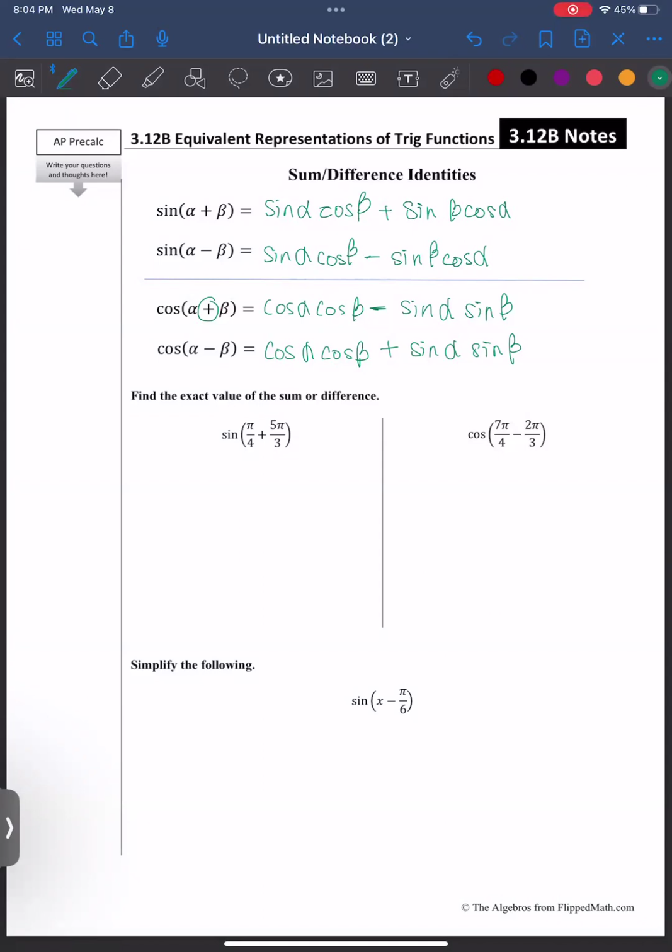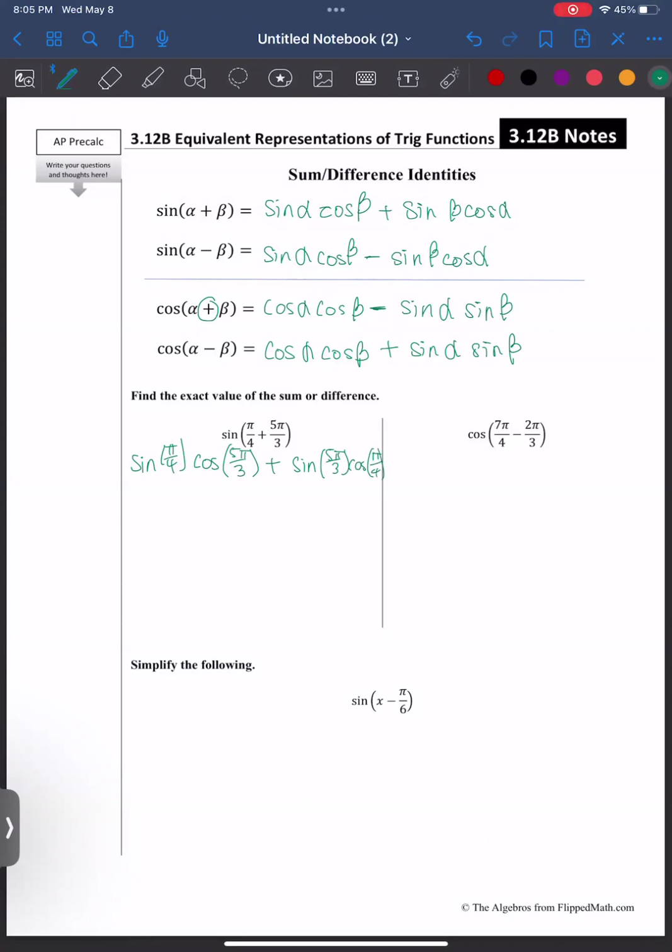So I have the sine of pi over 4 plus 5 pi over 3. Well, that's going to be sine of pi over 4 times the cosine of 5 pi over 3 plus sine of 5 pi over 3 times the cosine of pi over 4.